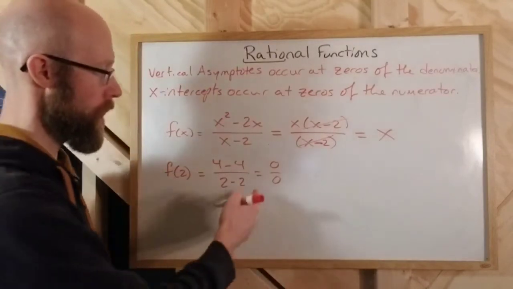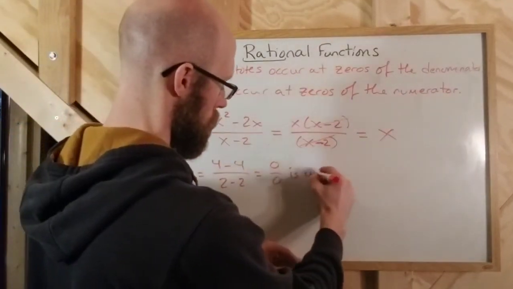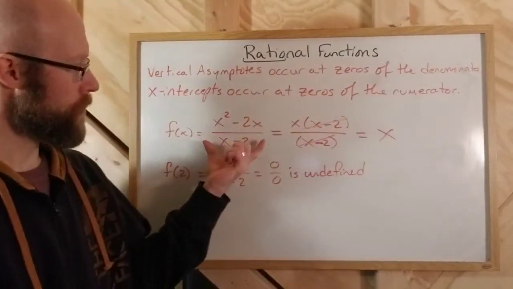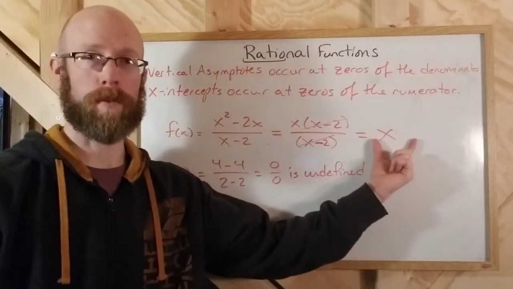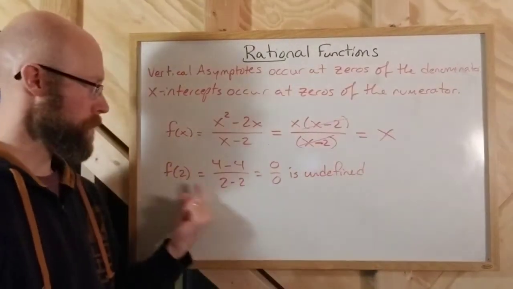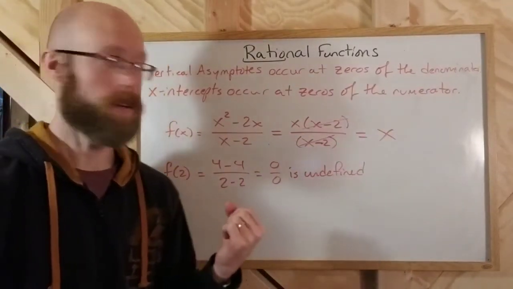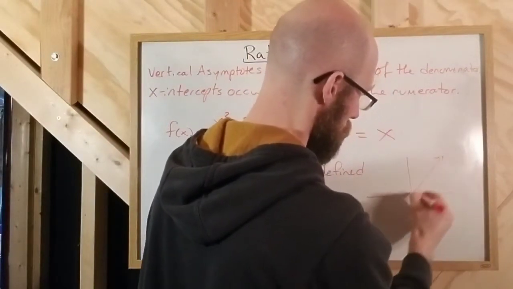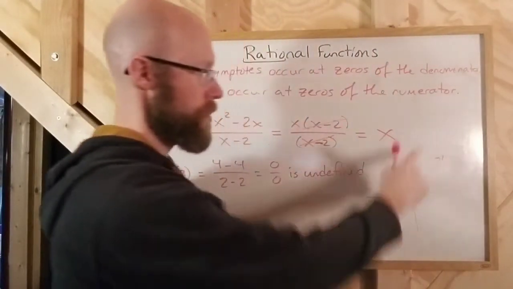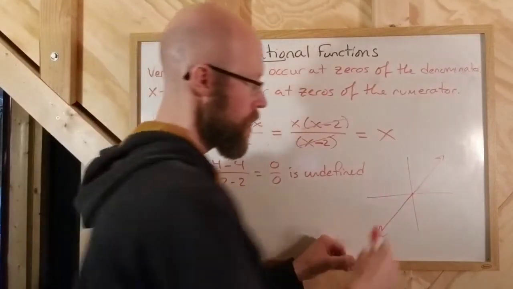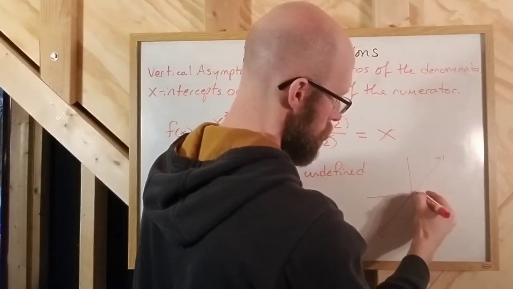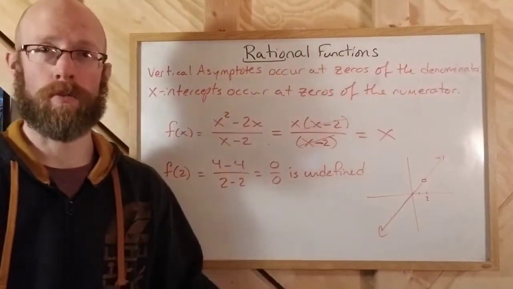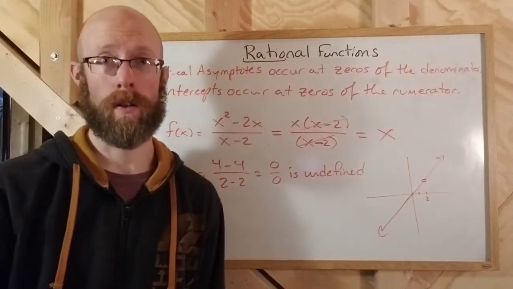So this rational function is exactly the same as our identity function, except at 2. This is our identity function, x. But at 2, you don't have a point. There's just no point there. It's what we call a hole.